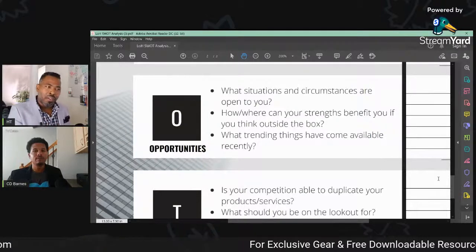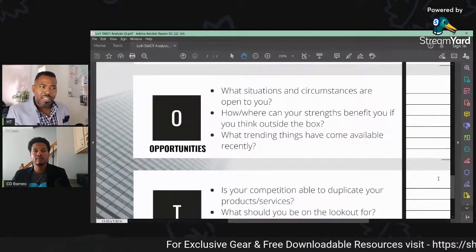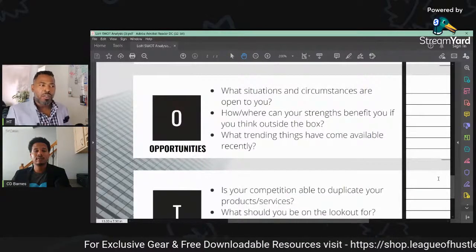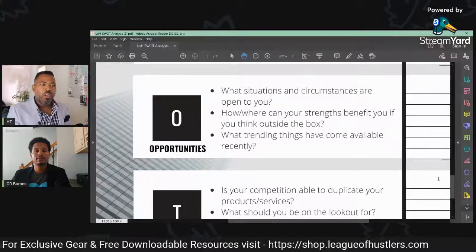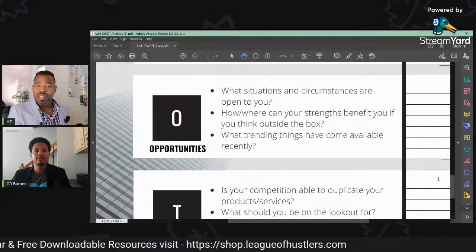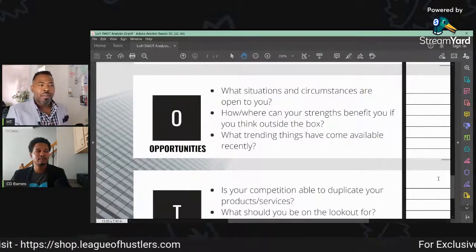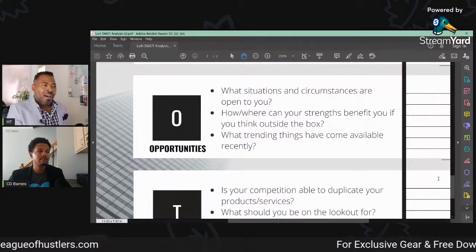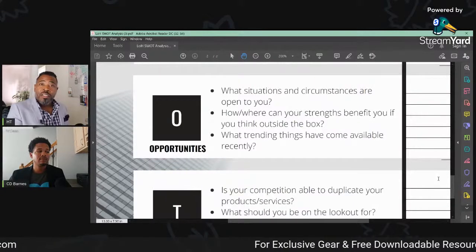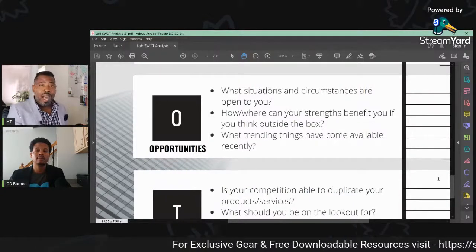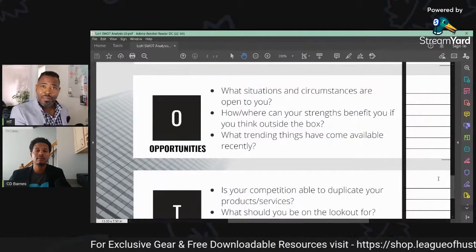Okay, so with the opportunities, again, ask yourself what situations and circumstances are open to you? How or where can your strengths benefit you if you think outside of the box? And then what trending things have come available recently? For instance, something that a lot of people overlook is TikTok.